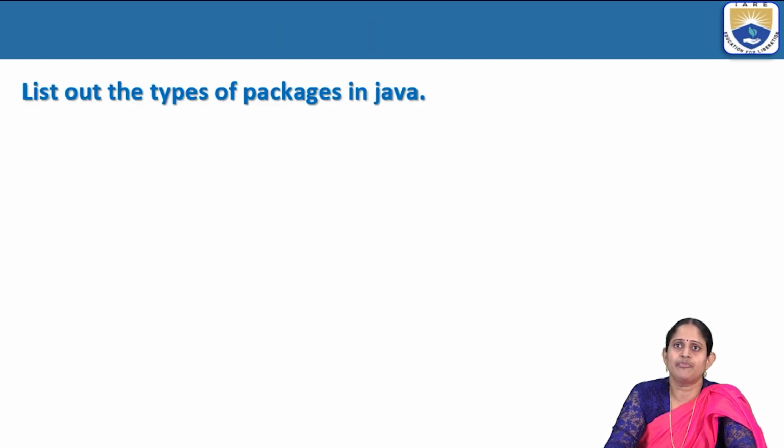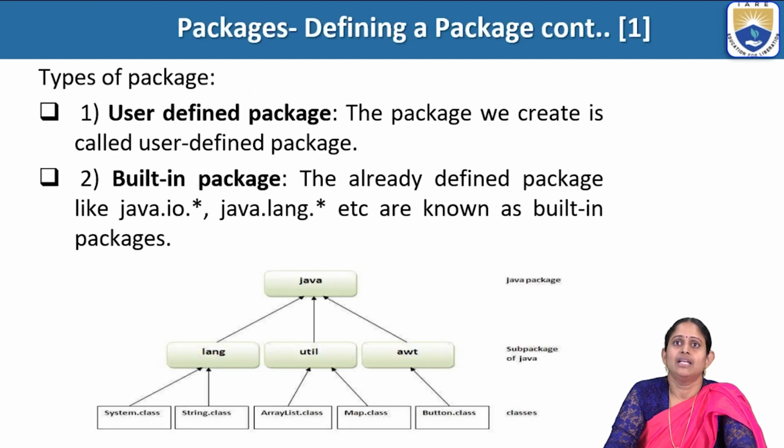List out the types of packages in Java. There are two types of packages. One is the user-defined package and the other is the built-in package. The user-defined package is the package which the user creates, and the built-in packages are already defined inside the Java JDK environment.